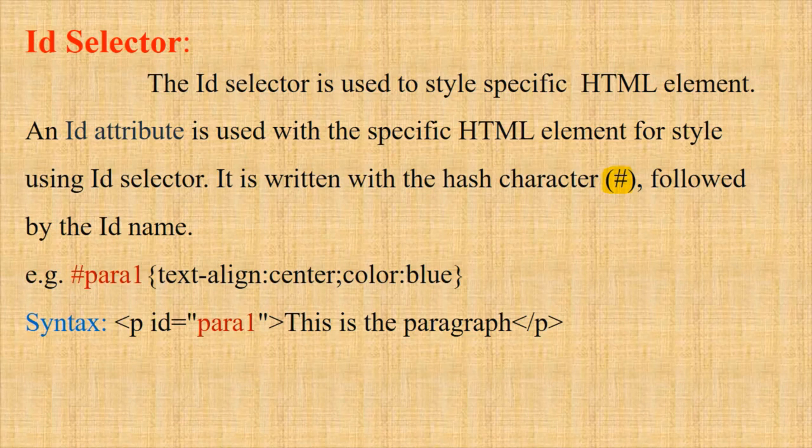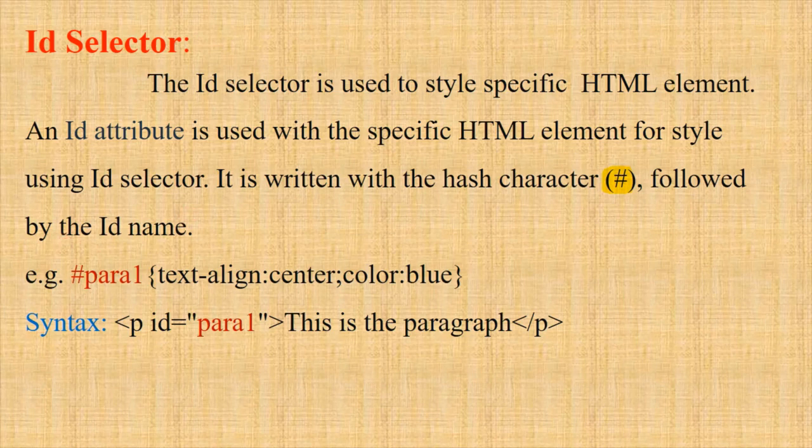So see what is meant by ID selector. The ID selector is used to style a specific HTML element. An ID attribute is used with the specific HTML element for styling using the ID selector. It is written with the hash character followed by the name of the ID.